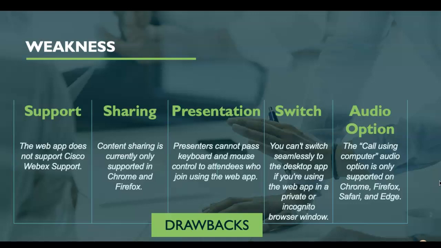So this, to me, even though it's a weakness, is not really that big a deal because there are ways to overcome it. You can't switch seamlessly to the desktop app if you're using the web app in a private or incognito browser window. Again, it may be a drawback, but not that big a deal when it comes to the thing that we're trying to accomplish.